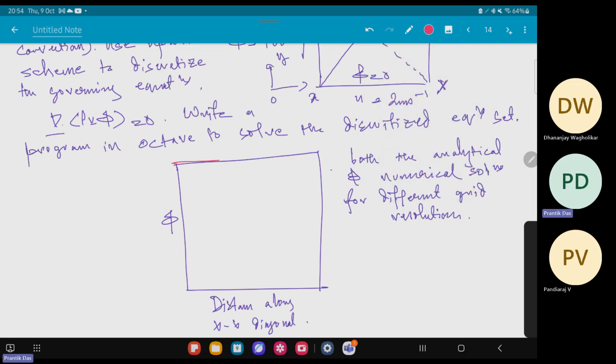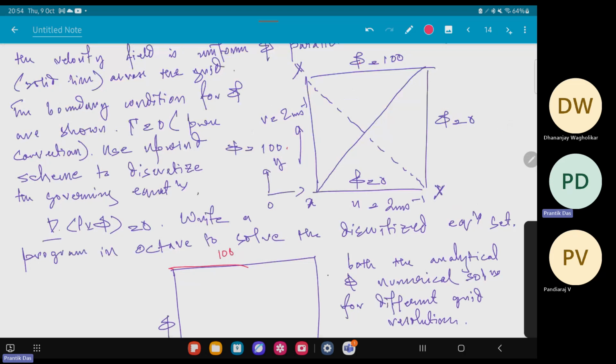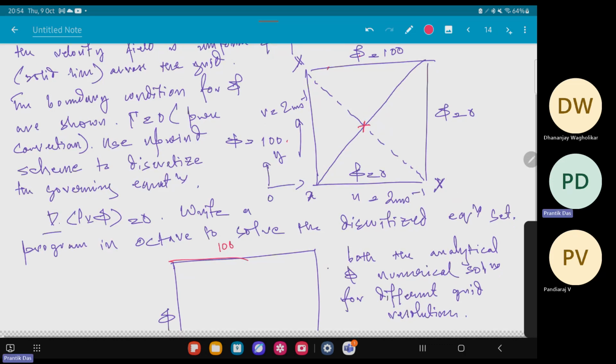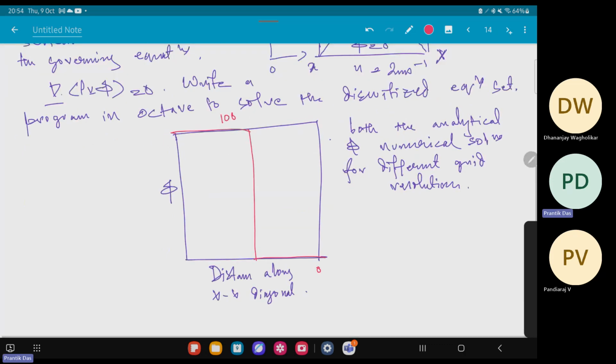Phi equals 100 up to a certain point, and after it crosses the diagonal at this point, it drops down and goes to 0. Since d phi dx is basically infinity at this point and gamma equals 0, that basically means your diffusion is 0.